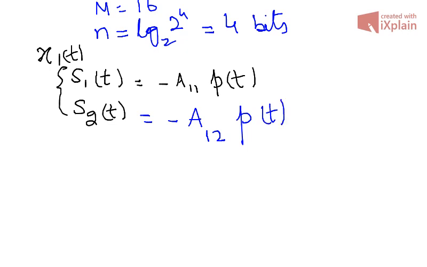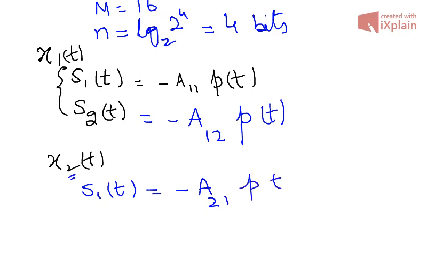Similarly for X2 of t, if you want to transmit X2 of t, the second 4 bits with that symbol, you will have S1 of t, which is negative, right? So now your S1 of t is for the second symbol, a21 p of t. We are using the same notation.